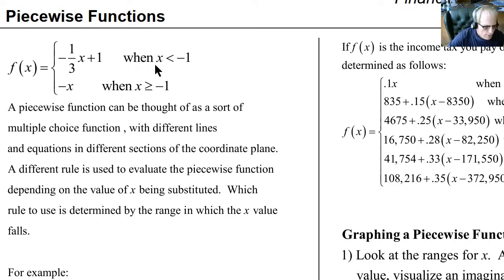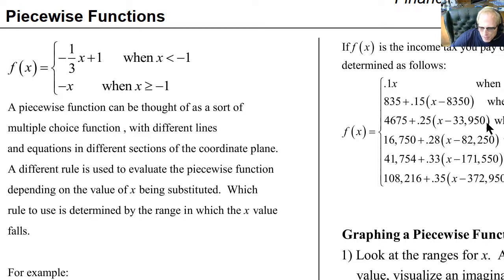Typically, these cover the entire x-axis as you go from left to right, but it's possible there may be a hole in the middle of the piecewise function, and in a certain range, the function may be undefined. So for example, for the income tax code, the function's really undefined when x is less than 0 because you don't pay income taxes on negative income, and the federal government doesn't give you interest on negative income, which would essentially be the government owing you money because you made less than 0.